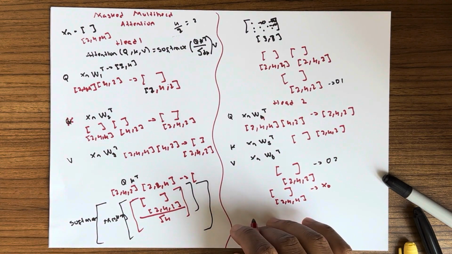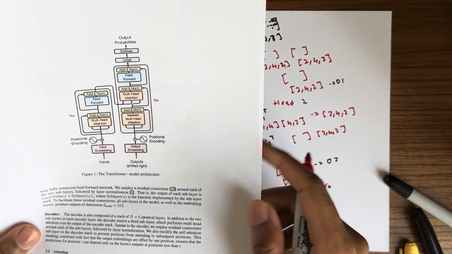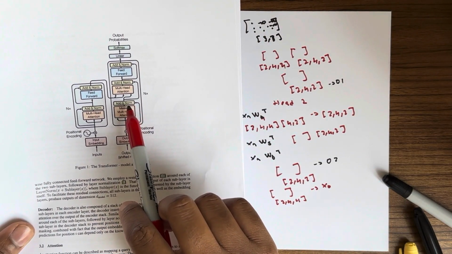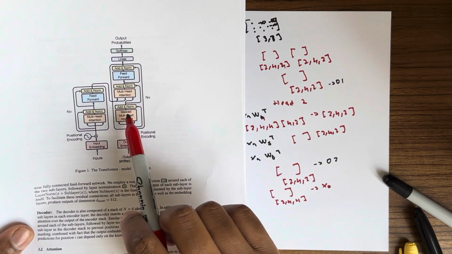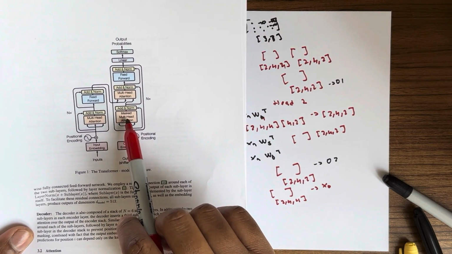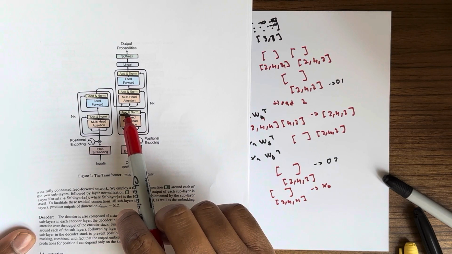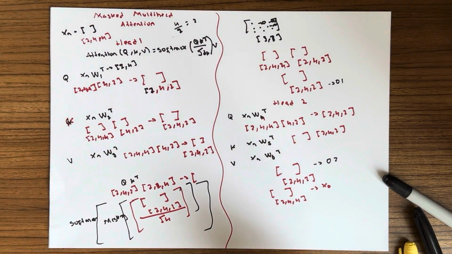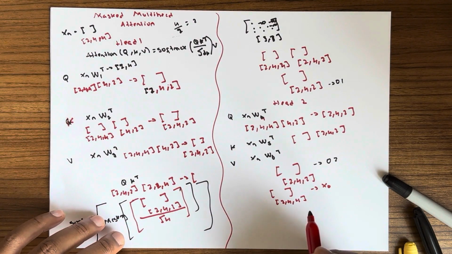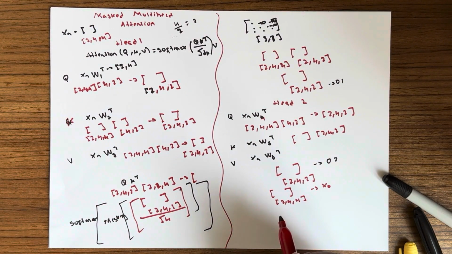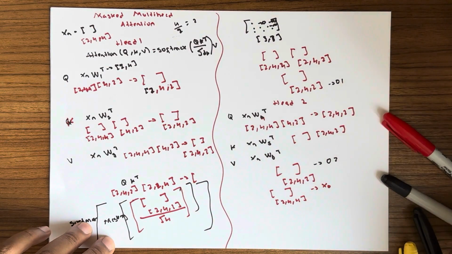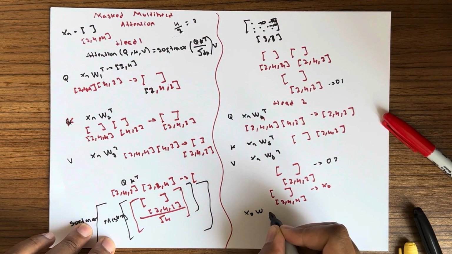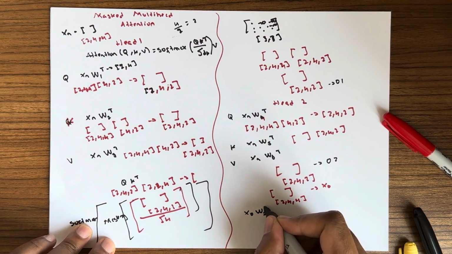Okay, let's look at this paper. In this masked multi-head attention, the input is added to the output and then normalization. So the input of this is added to the output, and whatever we get, we normalize it. But before that, we need to perform a projection of x output, a linear transformation with w7.